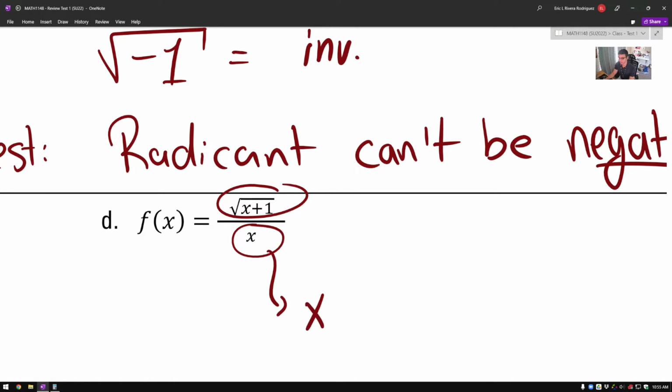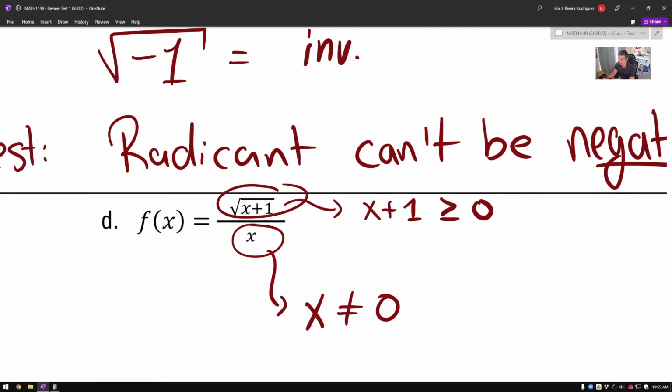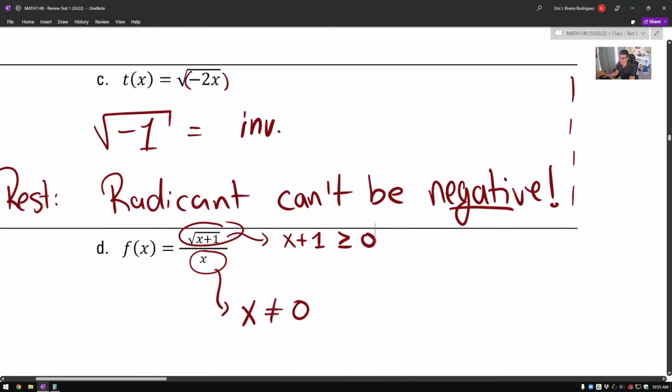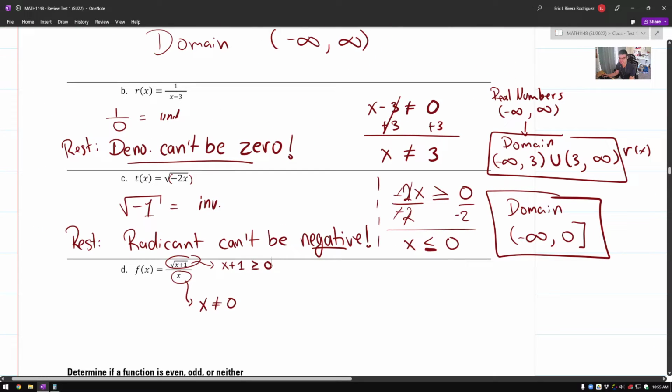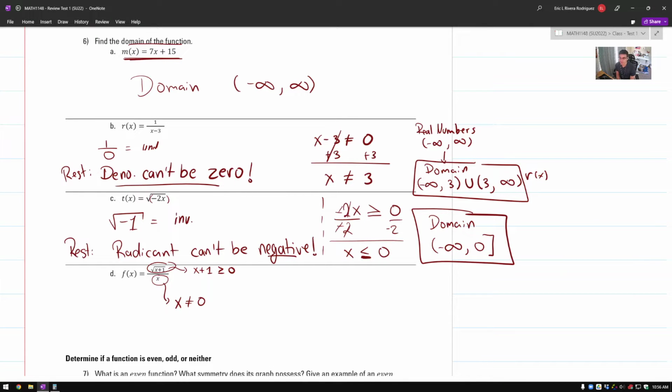In the denominator, you are going to get that x cannot be equal to 0. In the numerator, x plus 1 needs to be greater than or equal to 0. Based on these two restrictions, you are going to identify the domain of that function. Next questions?